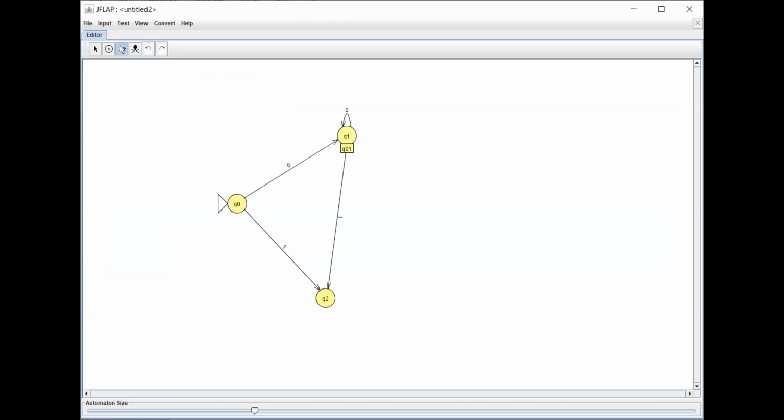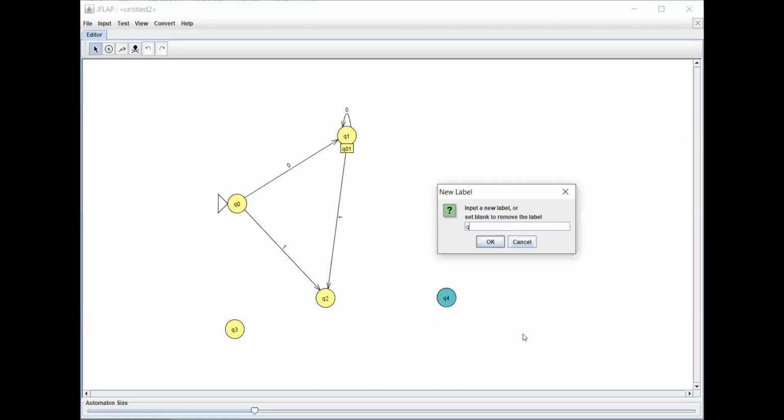So Q2 on 0 we go to a dead state, and you can call it Q3, and on 1 we go to a new state. Let me rename this. I am going to rename this with Q12 state.